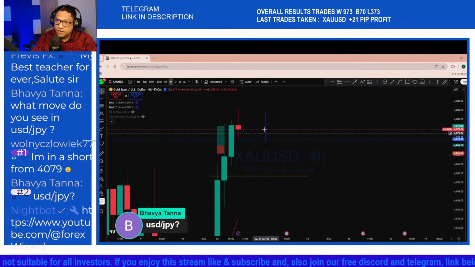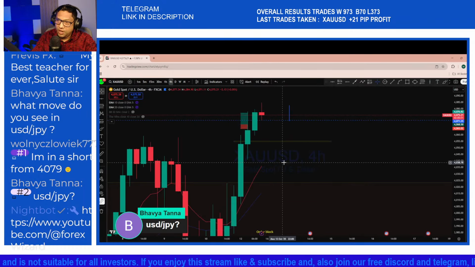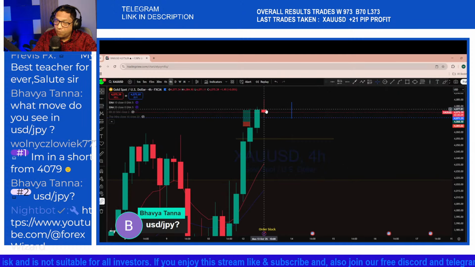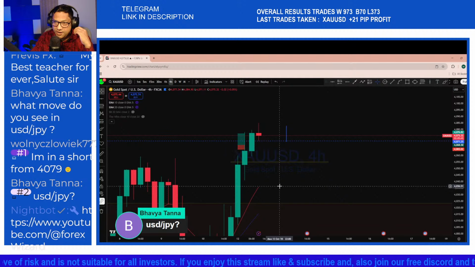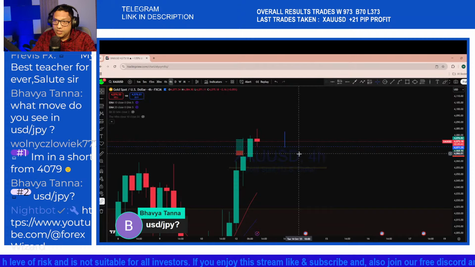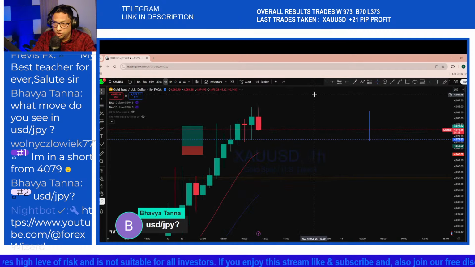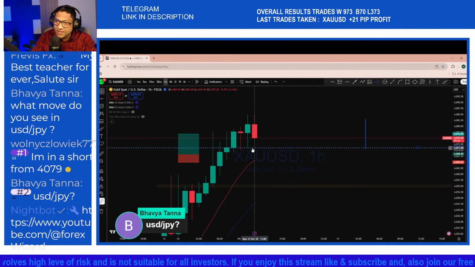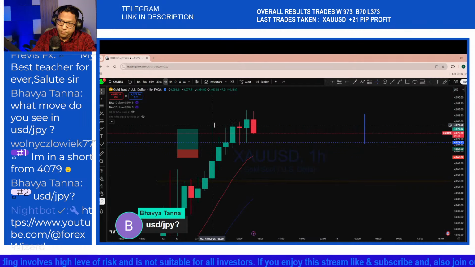This is the intraday move that we have seen in this market, the 4-hour candlestick pattern. As the market has completely broken above, the price action still shows that it's potentially going to remain bullish, and breaking this low could bring the price back below to this support.